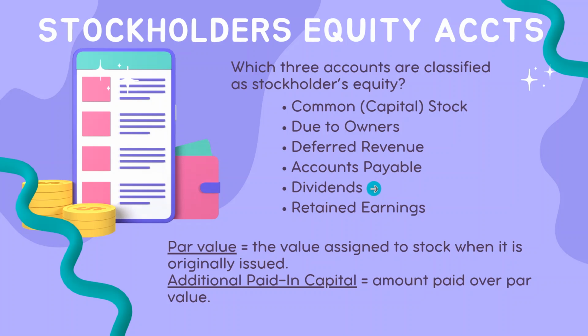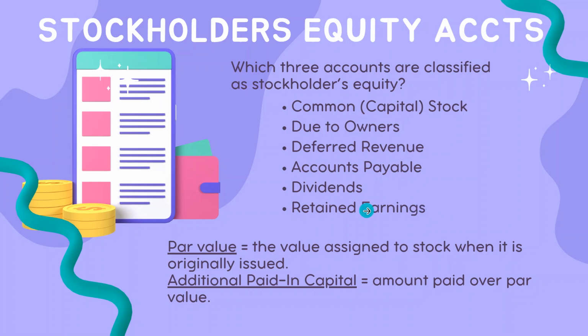So this is drawing. So this decreases equity, so it has a debit, right? You're going to debit dividends and then credit your cash because you're going to pay it. Actually, what you learned is crediting dividends payable, and then when you actually go to pay it, you're going to debit dividends payable and credit cash.